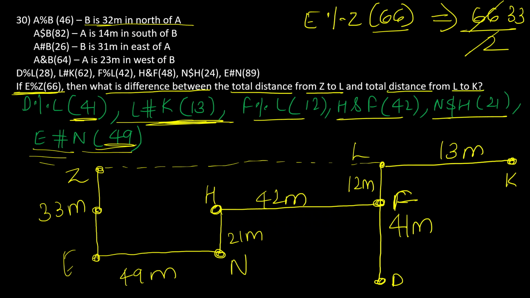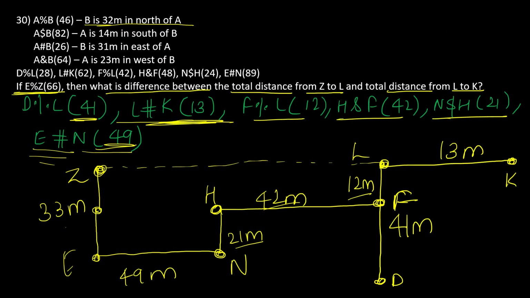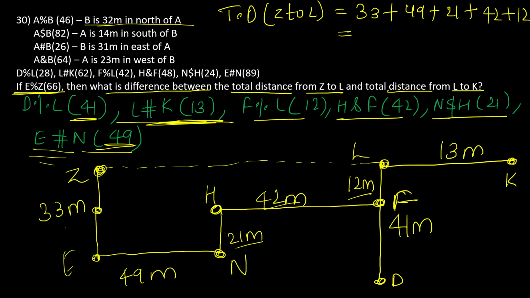So first find out the total distance from Z to L. Z is here and L is here. So you do 33 plus 49 plus 21 plus 42 plus 12. How much will you get? 157.